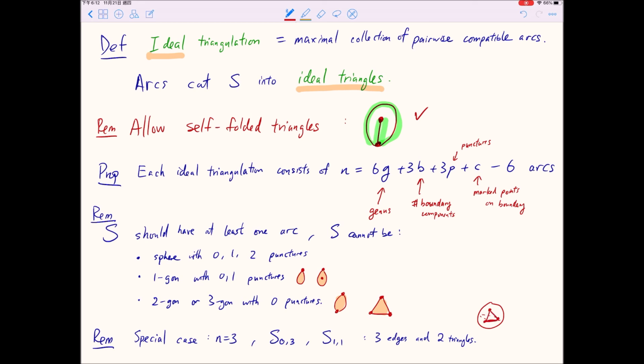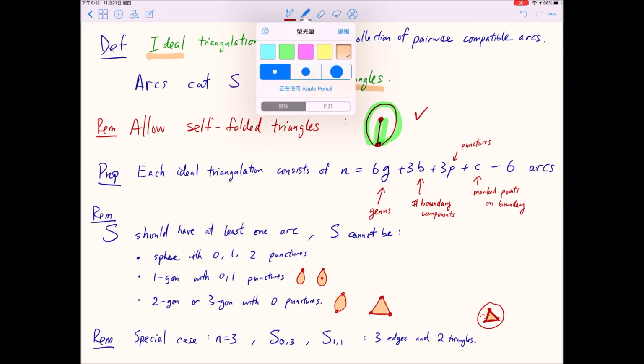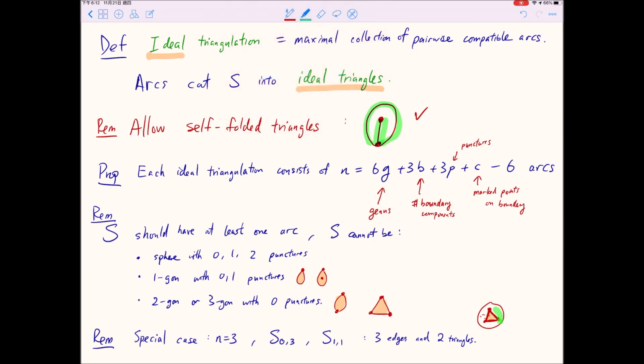So for a sphere, you can see that this is a triangle, but the remaining part of the sphere is really another triangle because it also has 3 edges on the side. And similarly for the torus. If you realize it as a square where we identify the sides, and let's say this is the puncture, the mark point, then again this will be 2 triangles, but the 2 triangles will share all 3 sides.